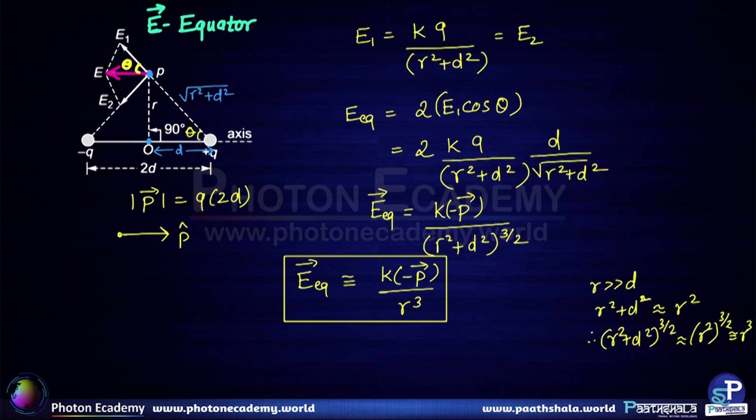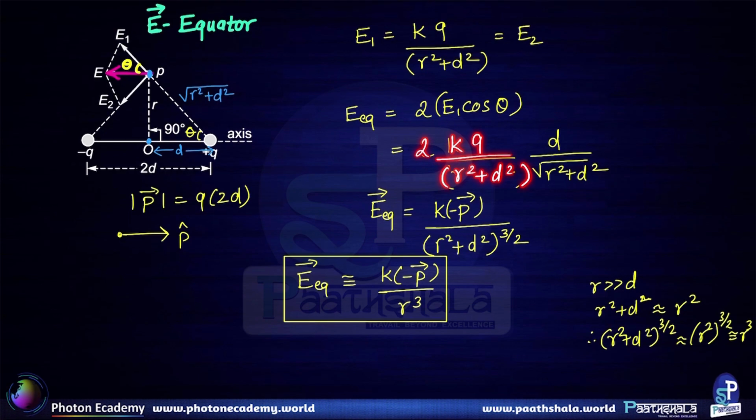These two add up, and hence we have 2 times E1 cos theta. Just substituting the value of E1 from here, we get 2 times KQ divided by r square plus d square, and instead of cos theta we can now write d divided by root of r square plus d square.